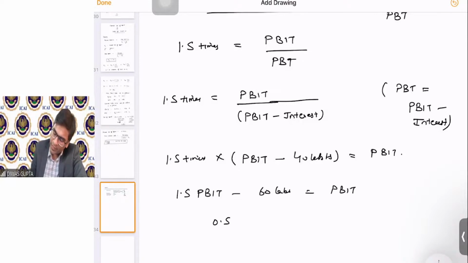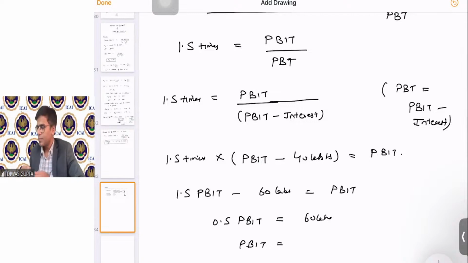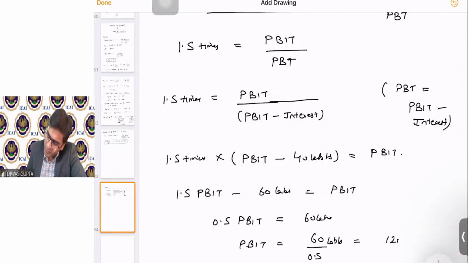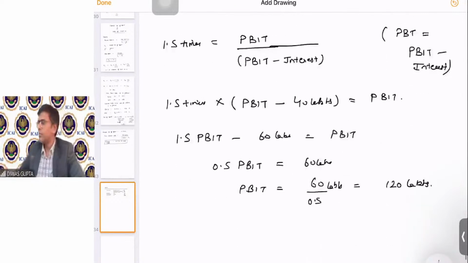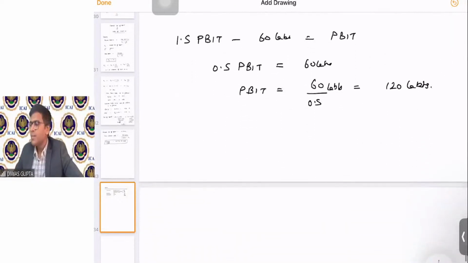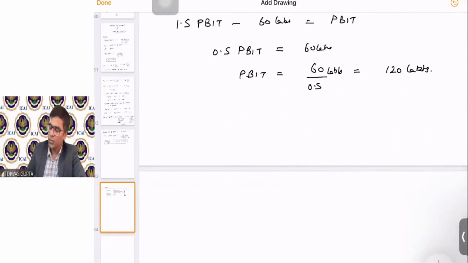So 0.5 times of PBIT is equal to 60 lakhs. And hence PBIT becomes 60 divided by 0.5, which is 120 lakhs. So PBIT becomes 120 lakhs, students.